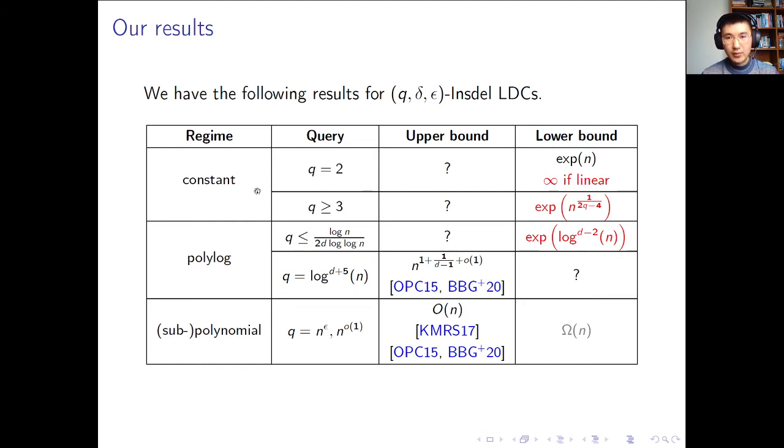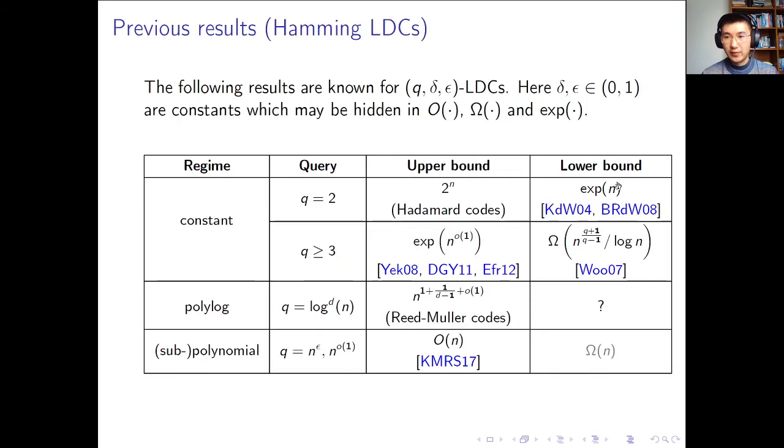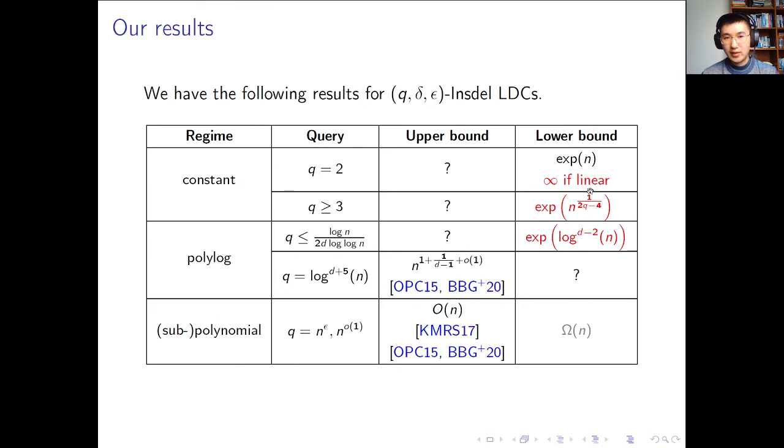In the constant query regime, for q equals 2, besides the exponential lower bound inherited from the lower bound for Hamming LDCs, we also show that such codes don't exist if we additionally require the code to be linear.